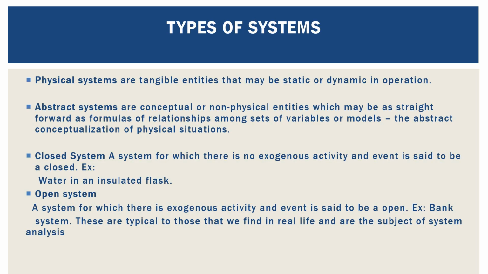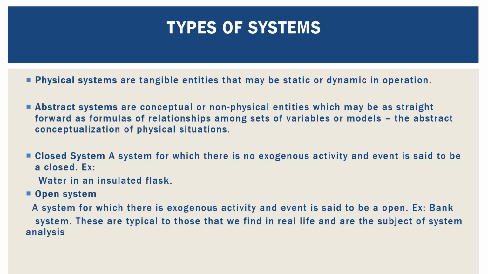So if we have a system that doesn't accept input from the environment, we call that a closed system. Such systems are not prone to analysis. An example is water in an insulated flask. It doesn't interfere with the outside environment. Whether it becomes cold or hot outside, the condition of the water inside the flask will remain the same.